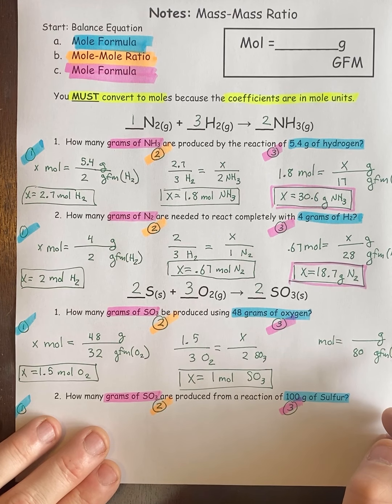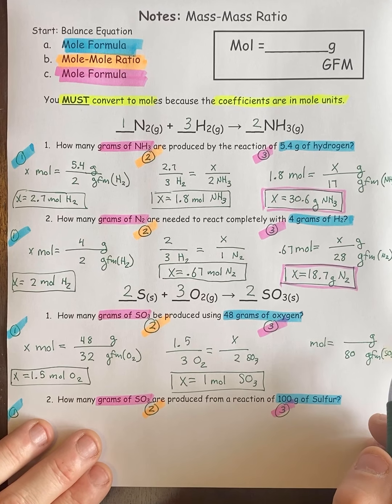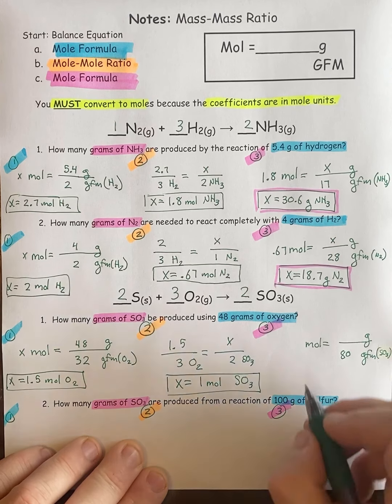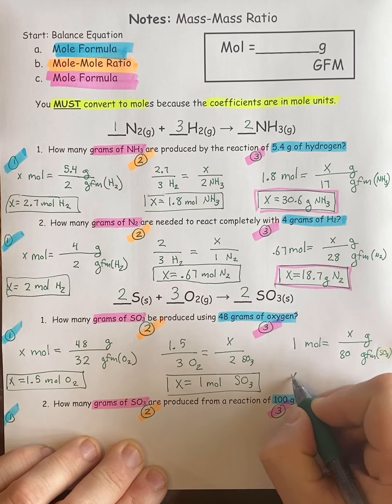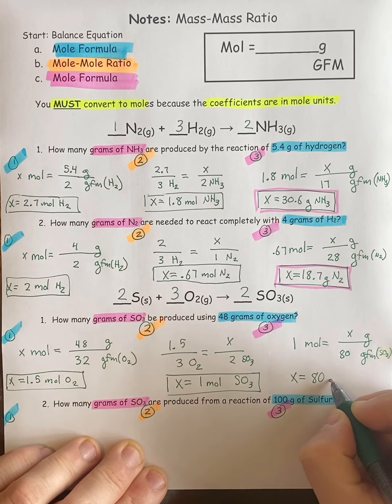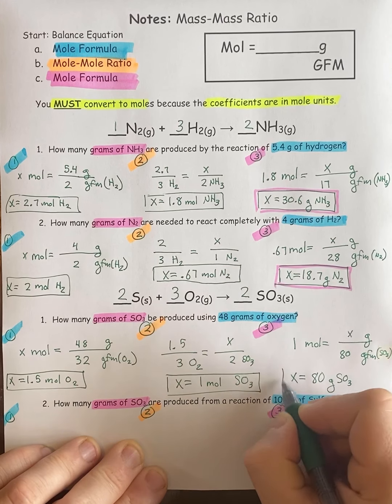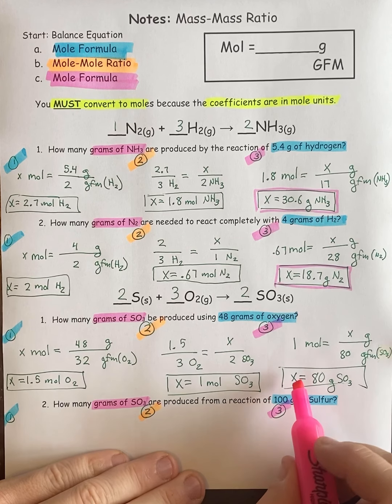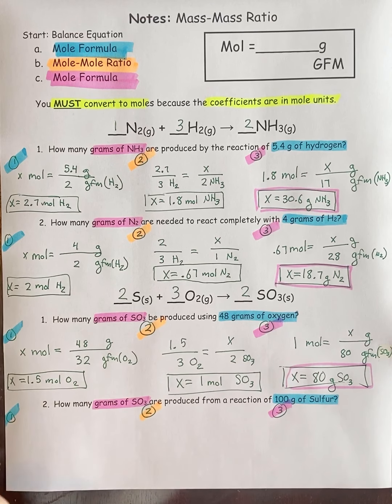It makes it much easier for me to make sure you're doing it right, and also to figure out what you're doing wrong, if you are doing anything wrong. I've got 1 mole, we get X. Final solution is 80 grams of SO3.